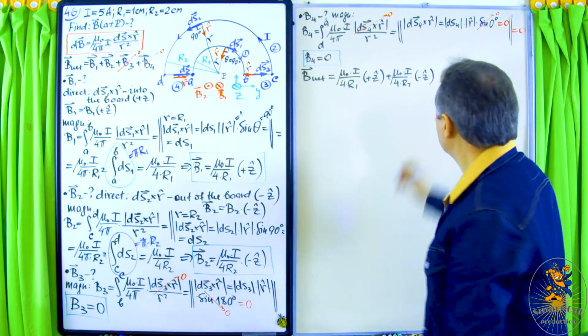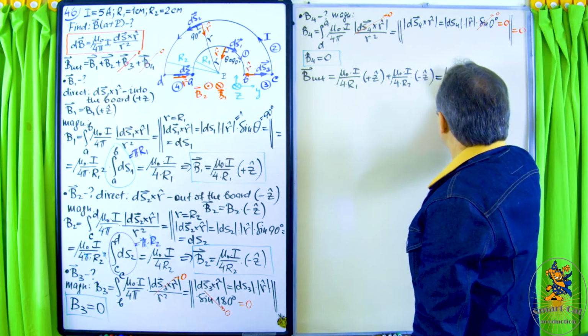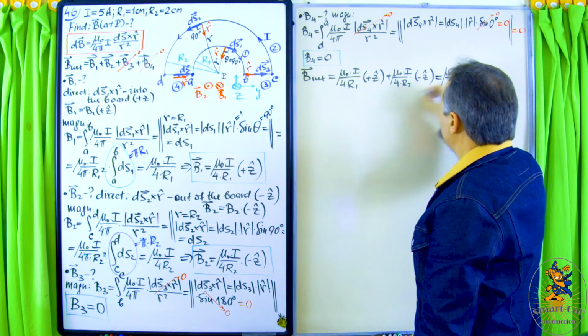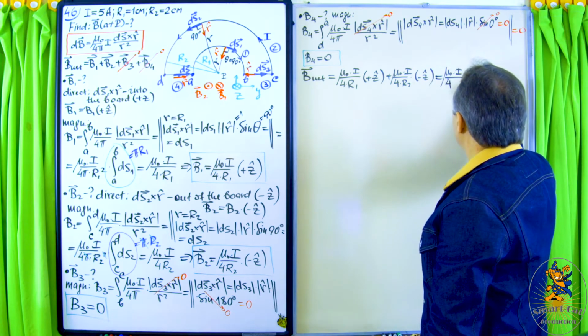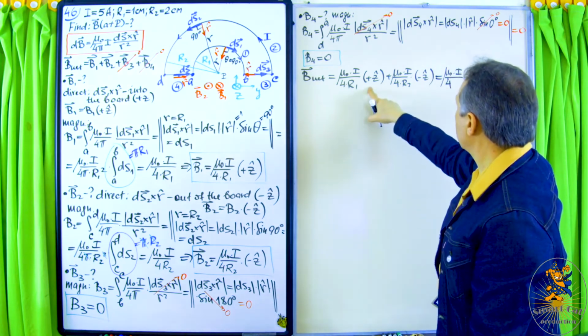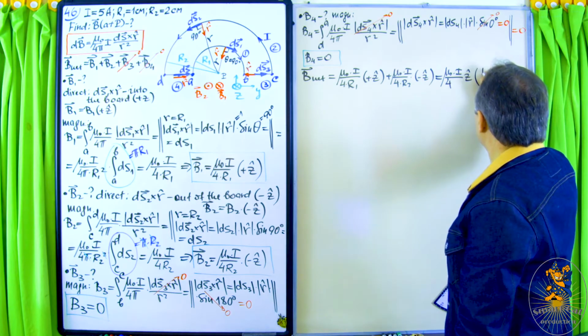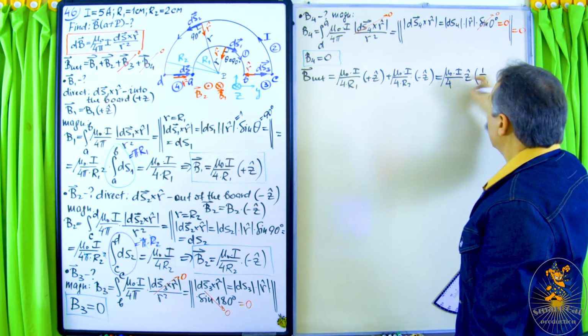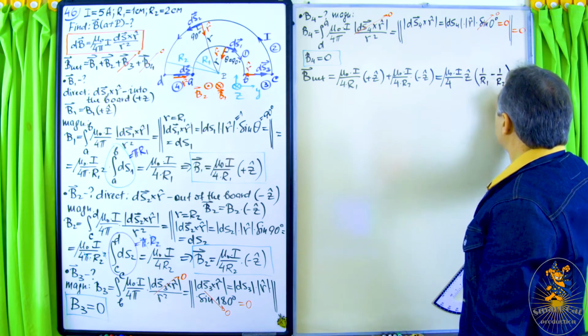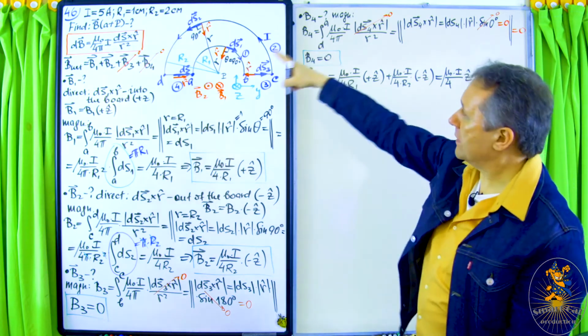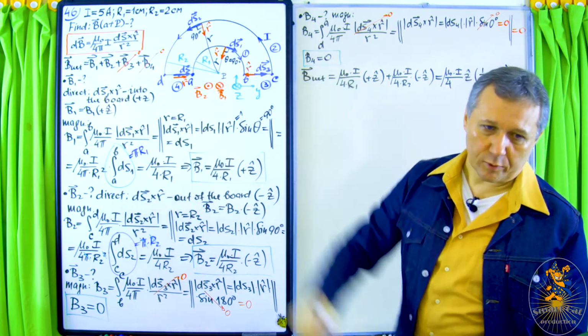We can factor out a few things. Mu naught times I over 4 is common. Then z hat I can also take outside. And what will be inside? 1 over R1 in the brackets and minus 1 over R2. Of course, R's must be in meters, right? Don't forget to convert to meters.